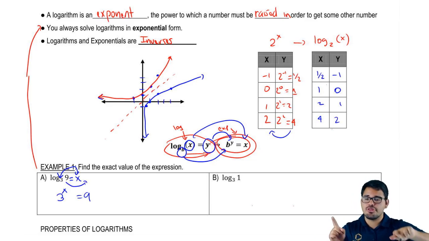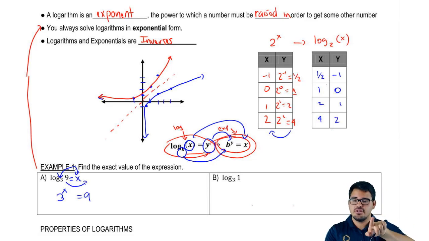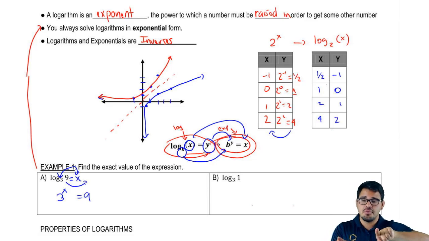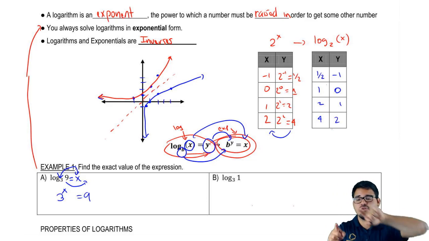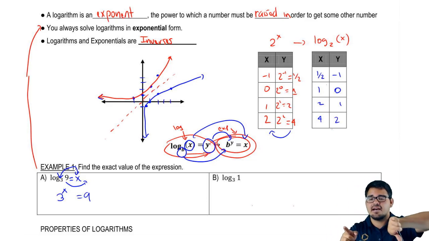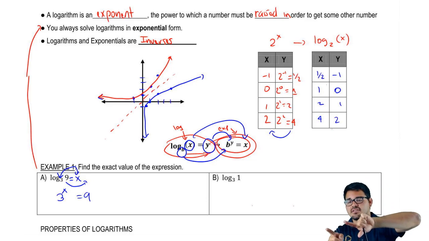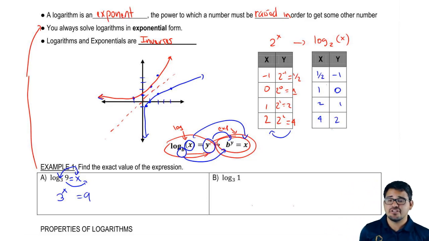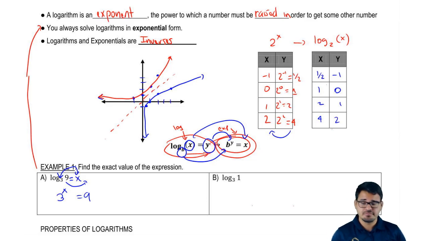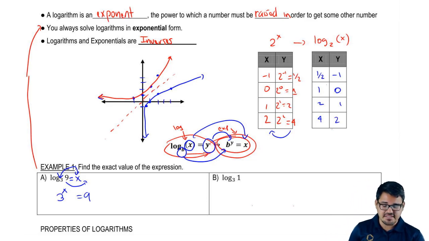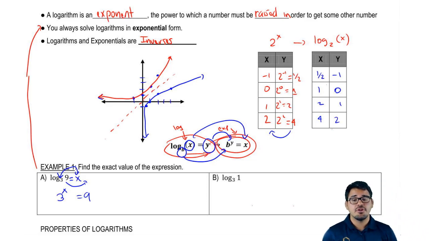So we're going to join x to 3, so the outside comes in. 3 is going to be joined by the x, so x goes on top of the 3, and then we kick out the 9, so it's going to be 3 to the x equal to 9. Or we can just follow the formula, whatever is easier for you. So then right here we have the question: 3 to the x is equal to 9. So 3 to the what gives you 9? In this case, it's going to be x equal to 2. That's how we get it.